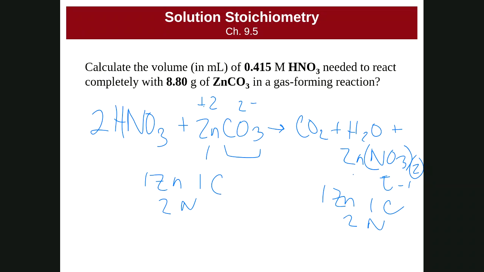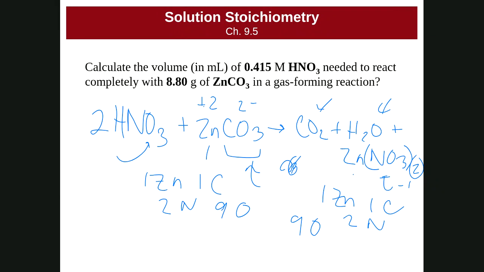Now let's see, we have 3 oxygens from zinc carbonate and 3 from nitric acid times 2 gives us 6. That means there's 9 oxygens on the left. Over here we've got 2 from our carbon dioxide, 1 from our water is 3, and then 6 from our zinc nitrate because of our 2 subscripts on the nitrate. So we have 9 oxygens on the right.